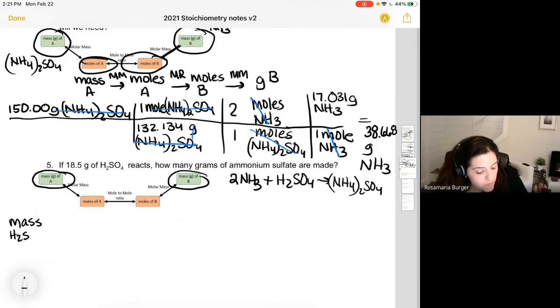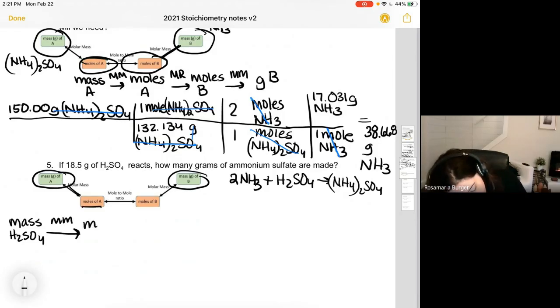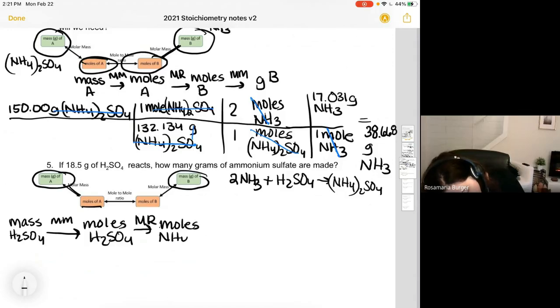So I have to go from mass of H2SO4, use its molar mass to get to moles, and then use the mole ratio to get me from moles of H2SO4 to moles of ammonium sulfate, (NH4)2SO4.